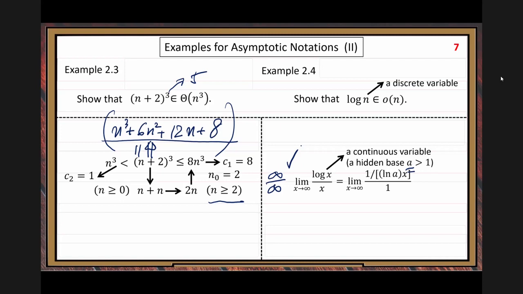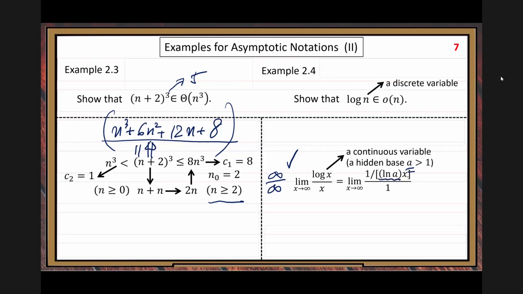So we can take the derivatives of the numerator and denominator. For the denominator, the derivative of x is 1. For the numerator, the formula gives 1 over the natural log of a times x.